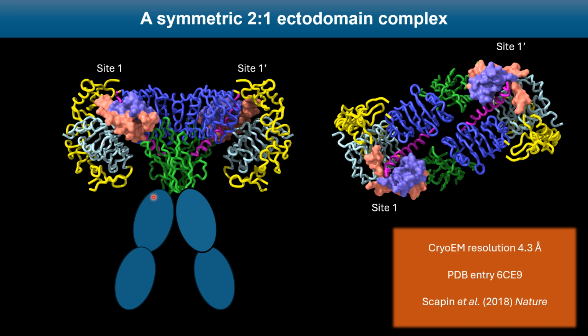The first of which is what is actually happening with the legs down here. The second of which is why is the stoichiometric arrangement 2-to-1? We were not expecting that because under physiological conditions and our understanding of the kinetics, we should only have a single insulin bound to the receptor.